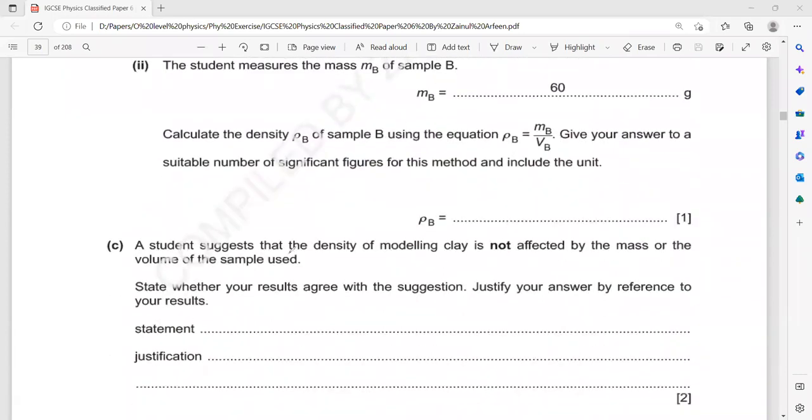So we have to compare our results. According to theory, yes, the density should not be affected by the size or the mass which we took. It depends on the type of material. So here we have 1.88, and with the first method we were getting 2.85 gram per centimeter cube. So you can see when we change the method, we are getting a different density.